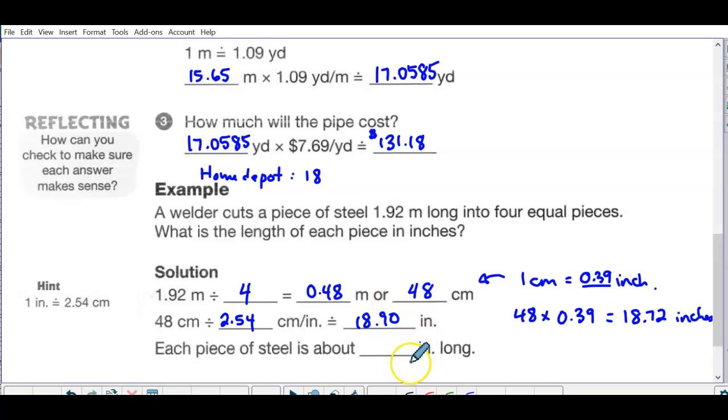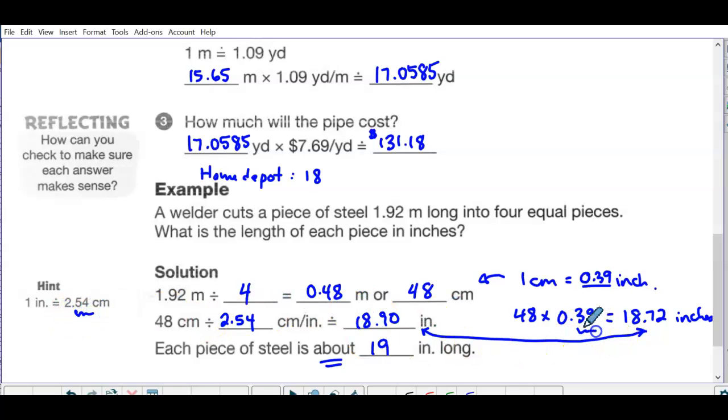Now in general, if we were to round this, we'd say it's about 19 inches long, but notice the difference in this. Sometimes if you compare answers to some solutions that we give you, it depends if you used multiplying or dividing. Your answer isn't wrong, it should be close, but it's because we're only going to 2 decimal places here.